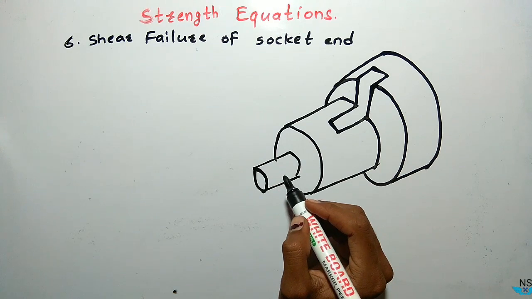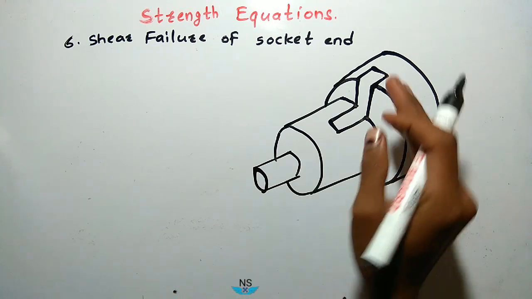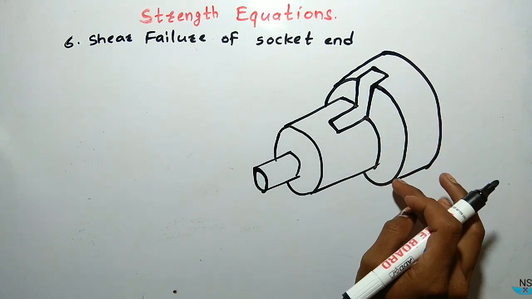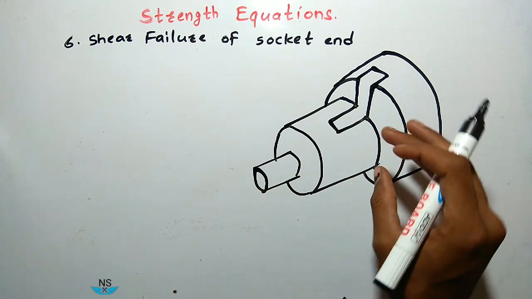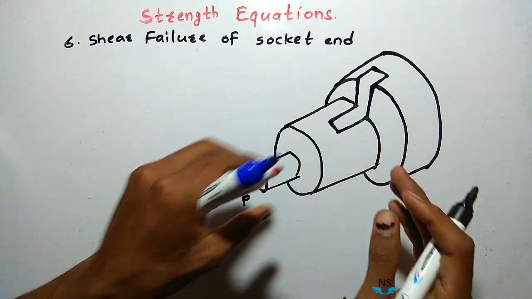Now where the shear failure will take place? So cotter touches the socket at the collar end. At the collar, cotter touches the socket. So P force is acting here.